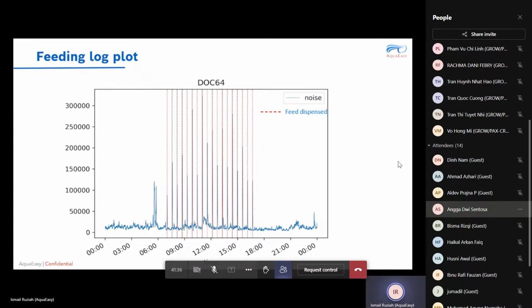We also need to stop feeding because we need the water to recover. I think that is the other problem, because if you keep throwing feed into the water, the water chemistry is always getting worse and worse, and there's no period of time in which the water can start to recover. So this is another reason we don't recommend 24-hour feeding.